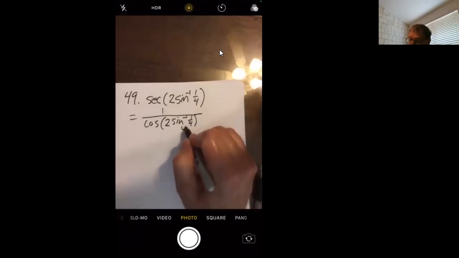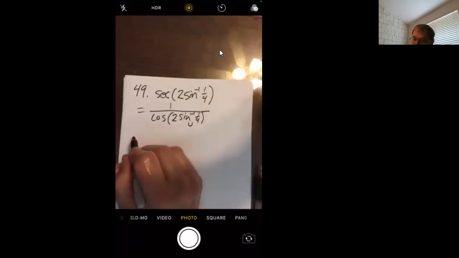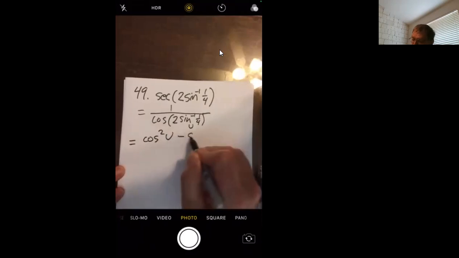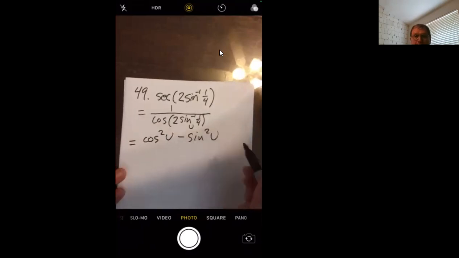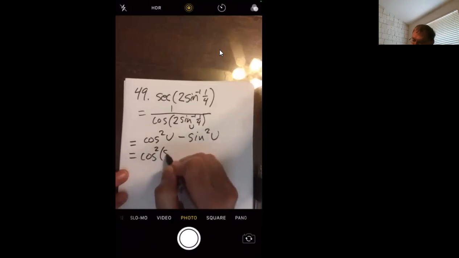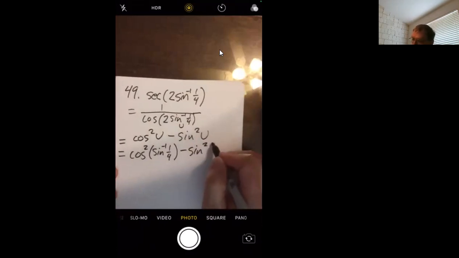Well, this is like your u, cosine of 2u. All right, remember 3 different versions of that. We'll go with cosine squared of u minus sine squared of u. That's going to be a cosine squared of your arc sine of 1/4 minus sine squared of your arc sine of 1/4.